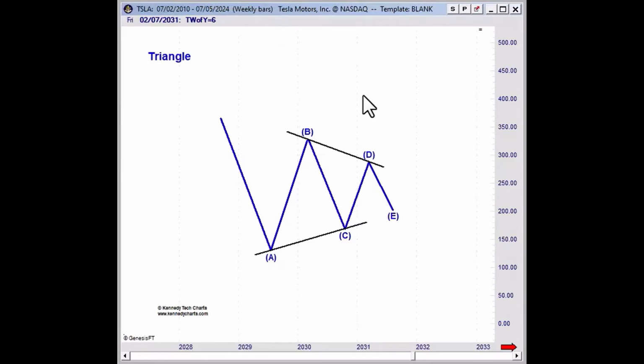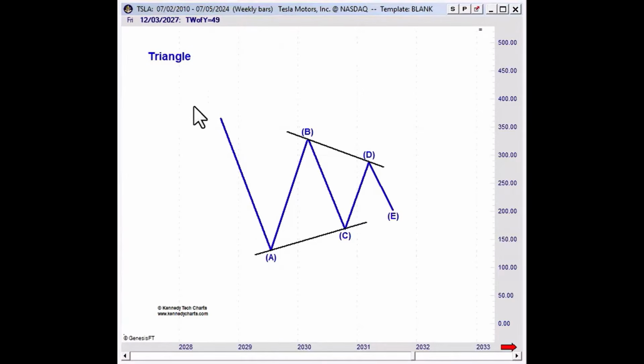So the next time you're working a triangle, when you think wave E is complete, just give it a little bit of time, because odds favor, at least for me, because I'm always in a rush, that the triangle is not yet complete. So give it plenty of time. It is a very time-consuming pattern, and that's one of the challenges of working with this specific pattern.